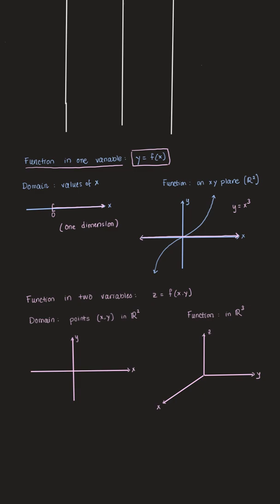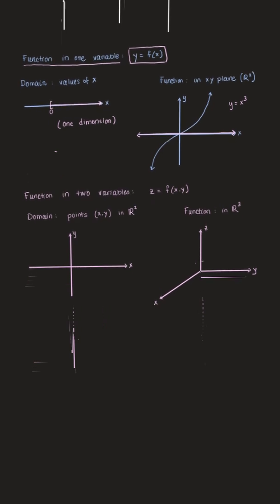If we jump one more dimension higher, when we think about a function in 2 variables, now we have an explicit form z equals f of x, y. Our domain is a set of points in R2. So maybe the domain is some region in R2. Maybe it looks like this. I don't know. That's in R2, our domain, and then our range or our function will live in R3. So let's suppose that I have a domain here in R2 that's on our xy plane.